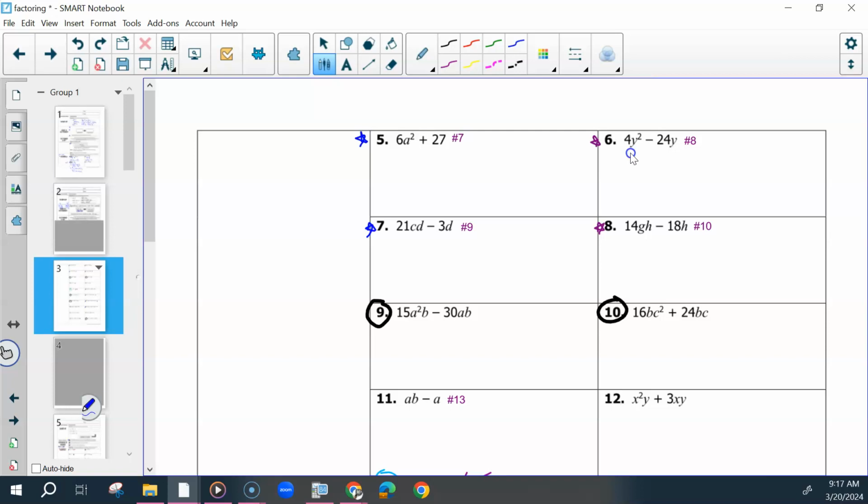So I'm going to divide both by 4y. I'm going to stop writing that I'm dividing, but if you want to keep doing that, keep doing that. If I divide both of these by 4y, what's left? y minus 6. And if I were to distribute that back, we get 4y squared minus 24y.